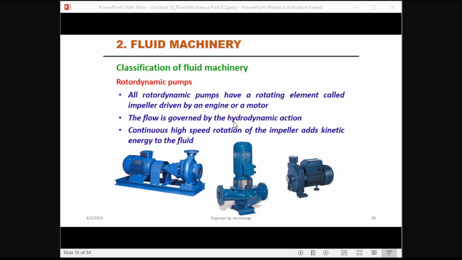Then energy transfer. One of the key characteristics of a rotordynamic pump is the continuous high-speed rotation of the impeller. This rotation adds kinetic energy to the fluid, which is then converted into pressure energy.